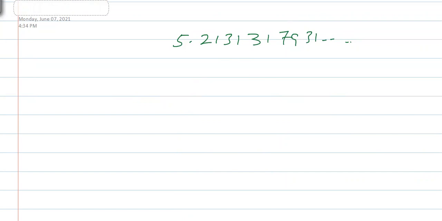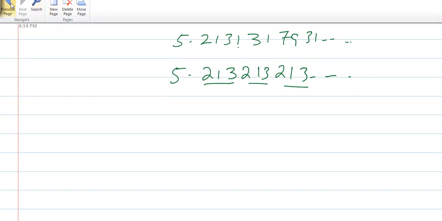The reason is, these are repeating, but the repeating should be like this. For example, if I write 51213, again 213, and so on, then I can say it is recurring, because three digits are repeating. Otherwise, it will not be. So now the difference between recurring and non-recurring, hopefully you all understand.